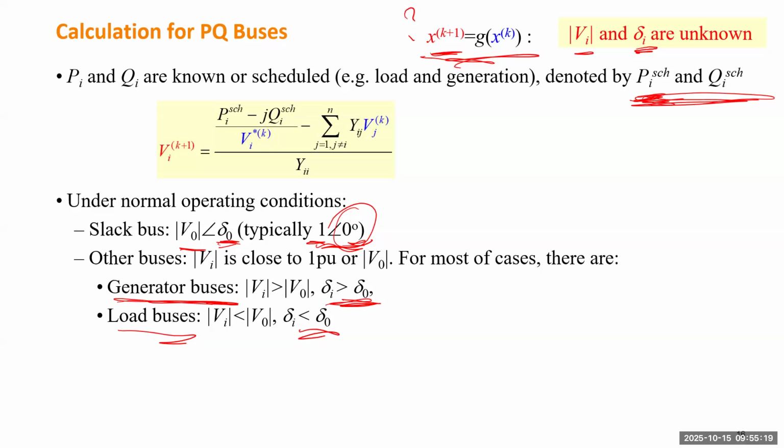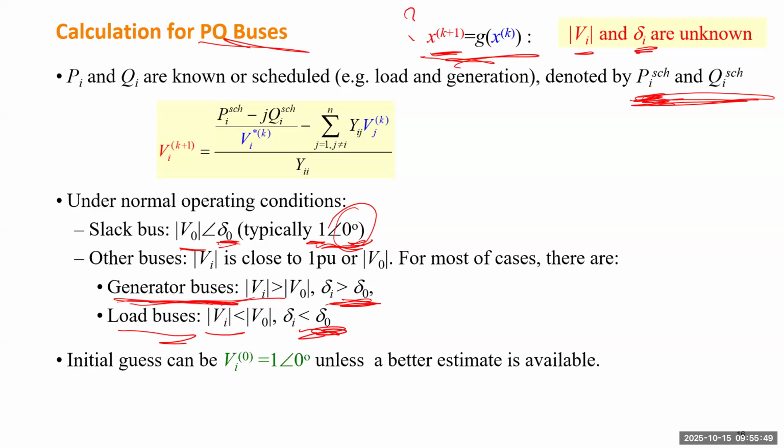For instance, to determine a good initial estimate for any generator bus, I make the initial angle maybe 5 degrees, 10 degrees, whatever. For the load buses, which are the PQ buses, we also need an initial estimate. So we can take the angle slightly negative and the voltage slightly lower than 1.